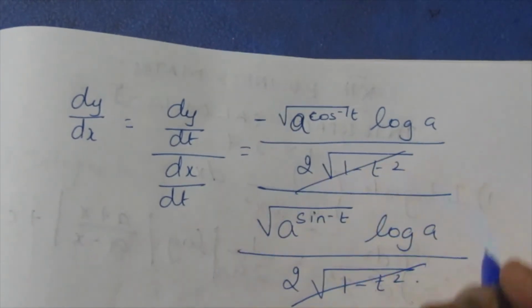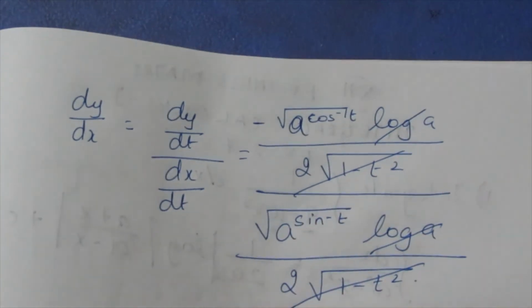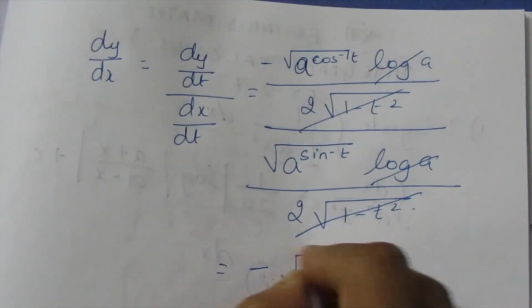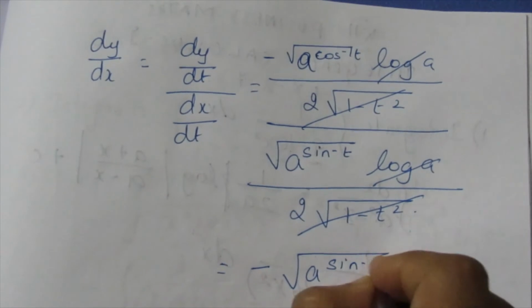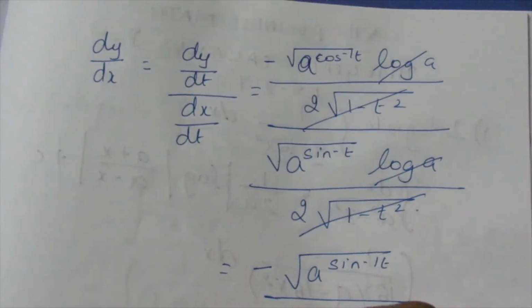Here the denominator gets cancelled, log a gets cancelled. Finally we have minus root of a power sin inverse t by root of a power cos inverse t.